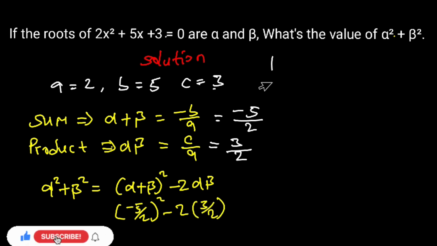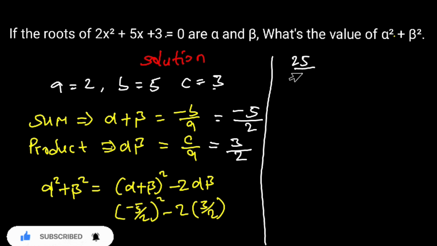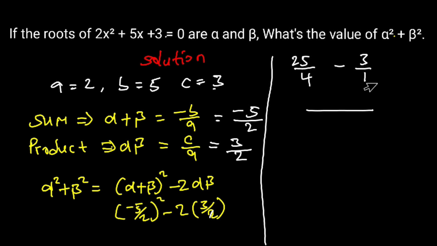Then we are going to have minus 5 over 2 square is equal to 25 over 4, because minus 5 times minus 5 is 25 and 2 times 2 is 4. Then minus this 2 is going to cancel these 2. We're going to be left with only 3, then over 1. So let's find the LCM of these two fractions. The LCM is 4, like 4 times 1 is equal to 4.